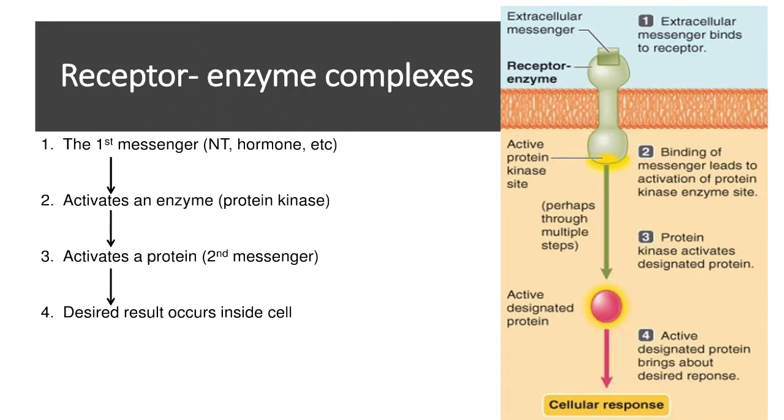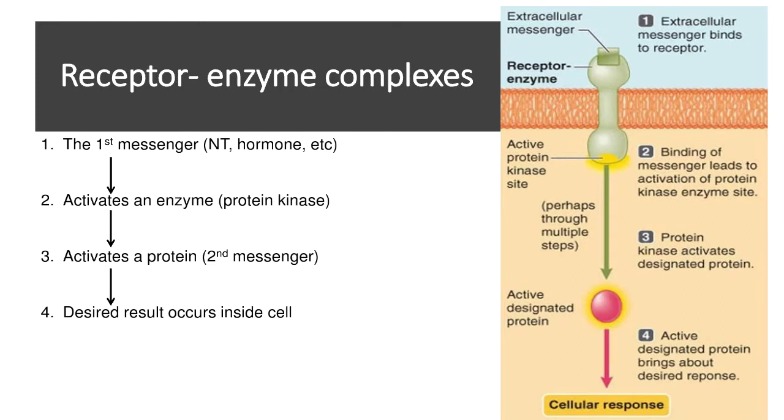But once it binds, the enzyme becomes activated. And what that means is, remember, enzymes are protein. And so the binding of this first messenger causes a chemical response with the protein, and it changes its shape. So the atoms within the protein kind of reform bonds, and it just kind of changes their shape along the inside of the cell membrane.